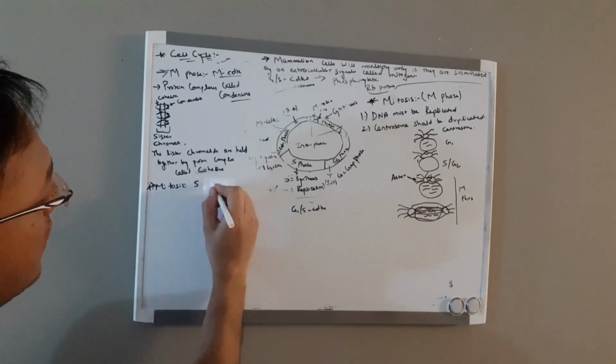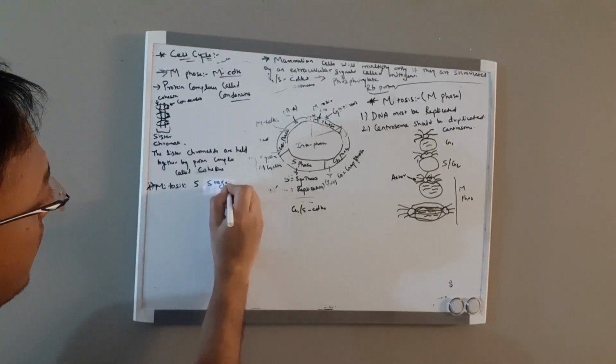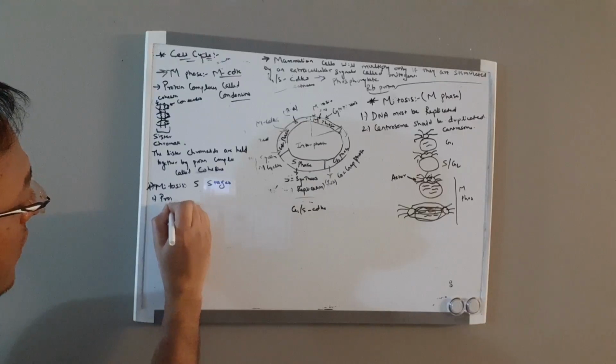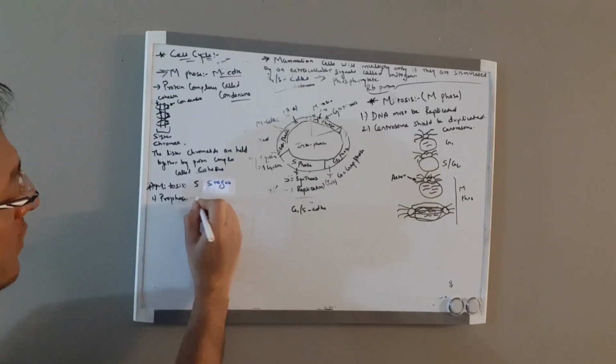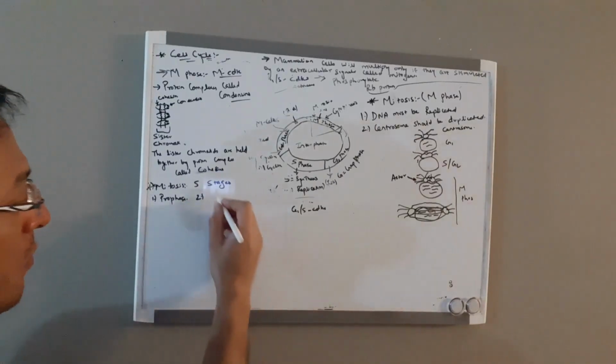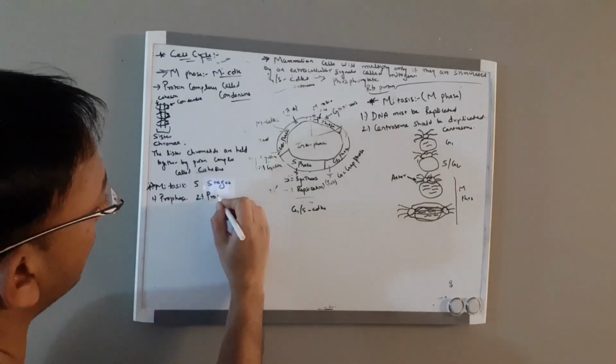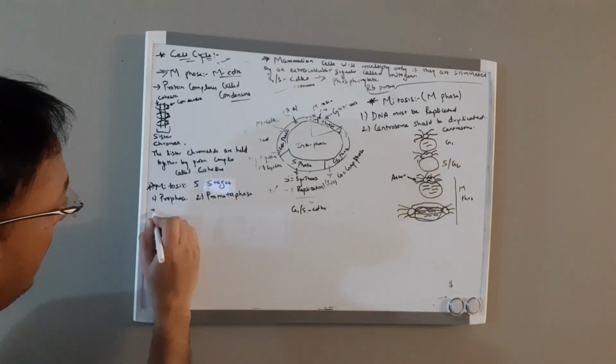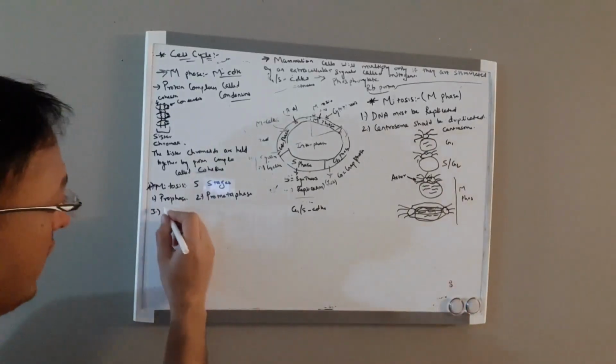Mitosis has 5 stages, right? Number one is prophase. Number two is prometaphase. Number three is metaphase.